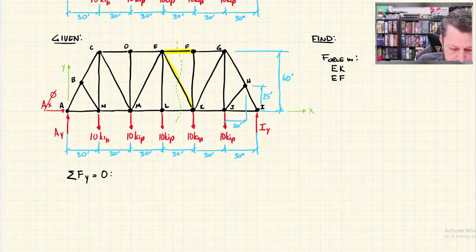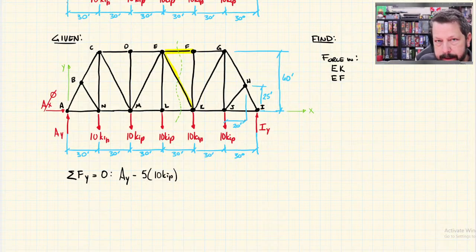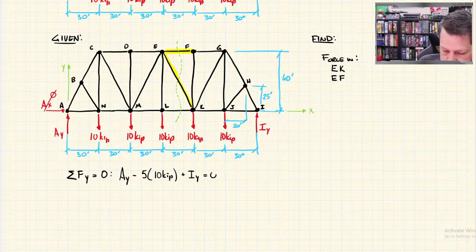So we have AY, in the positive Y direction, minus, there are 5 of the same thing. They're all 10 kips. So I could write out 10 minus 10 minus 10 minus 10. You could do that. I just did 5 times 10. Plus IY equals 0.